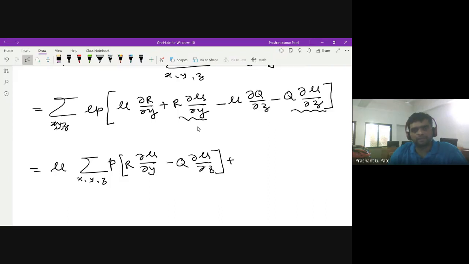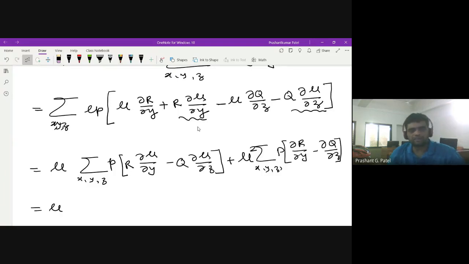In the second summation, μ is independent and P is also there, that is the summation over x, y, z of P. Now what expression is left? This one I have included here, so this one is left, and here μ is common, so it is μ². You have ∂R/∂y minus ∂Q/∂z.